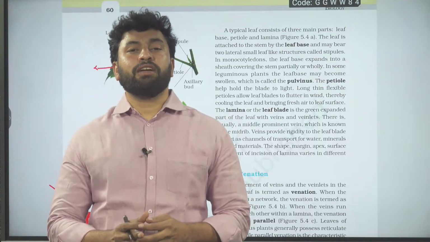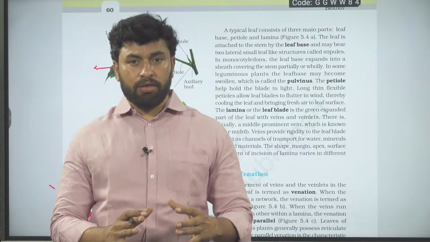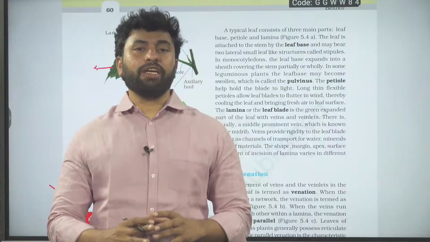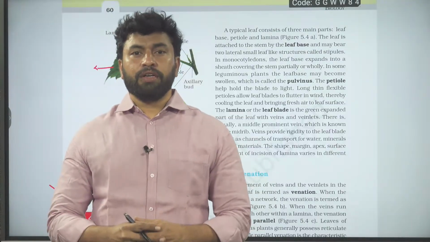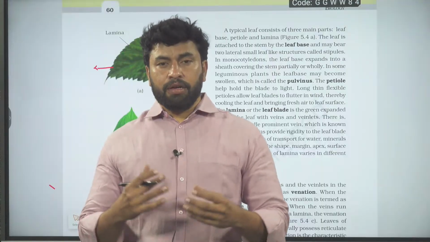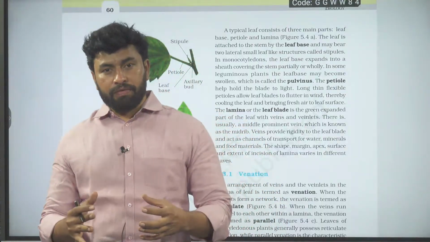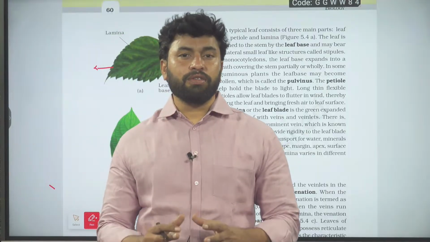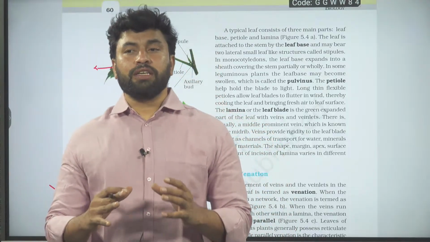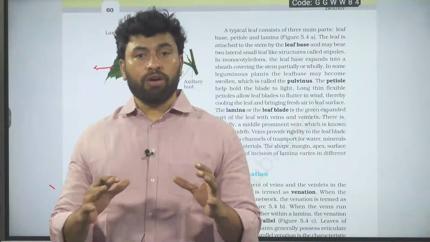That phenomenon is called transpiration pull. Transpiration pull is generated in the aerial parts of the plant with the help of the leaf. So if the question asks what the functions of the leaf are, you should also include that the leaf is majorly responsible for transportation taking place in the plant body over longer distances.